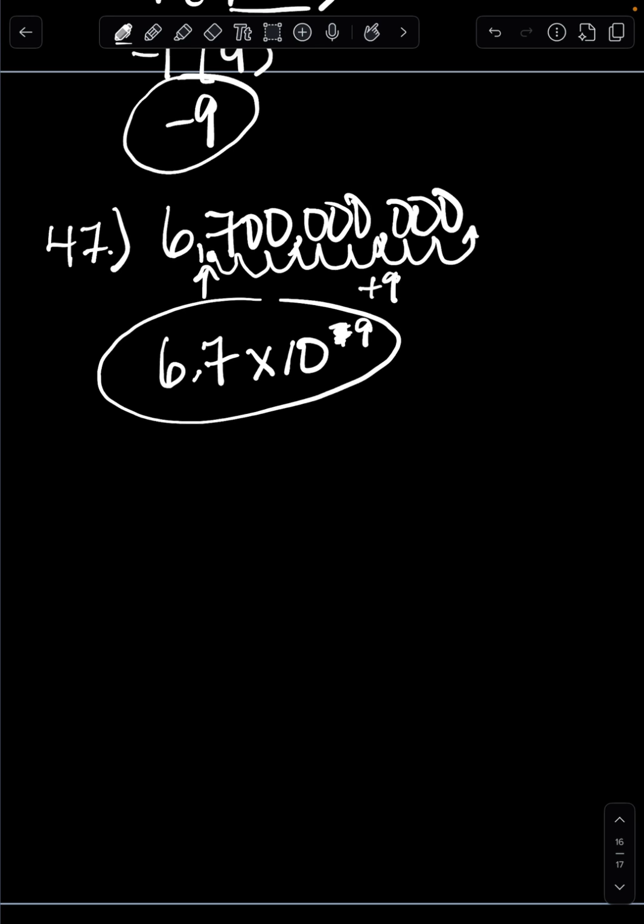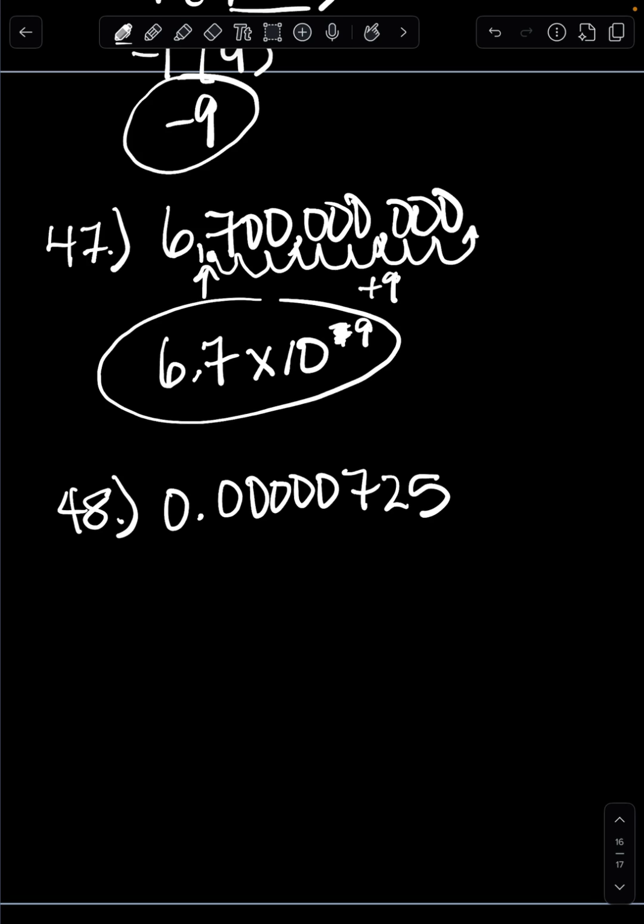Okay, let me see what was next here. So 48 and then 51 and 52. Okay, how many zeros? 1, 2, 3, 4, 5. And then 725. Okay, so we're going to have it be 7.25.